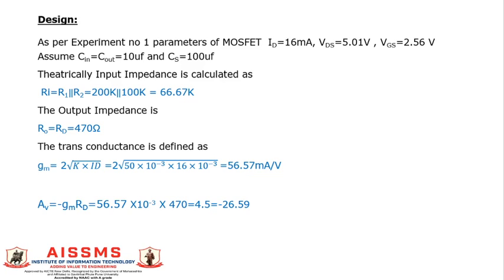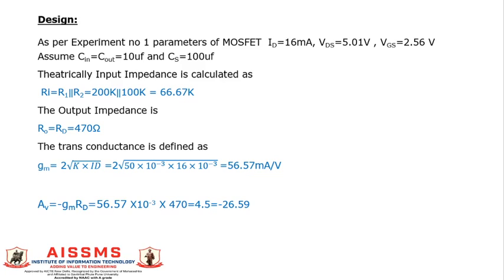The output impedance R0 is equal to RD, which is 470 ohm, and the transconductance, that is gm, is calculated as 2 under root k into ID. We'll put the value of k equal to 50 into 10 raised to minus 3. This value we have got from the data sheet of 2N7000, and ID is equal to 16 milliampere, and that's why we get gm equal to 56.57 milliampere per volt.